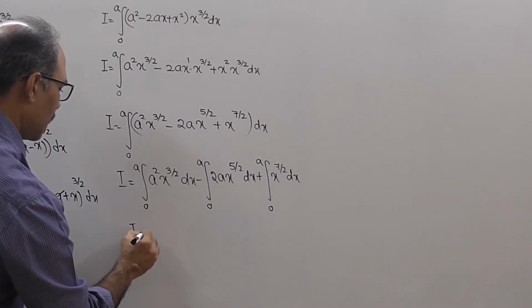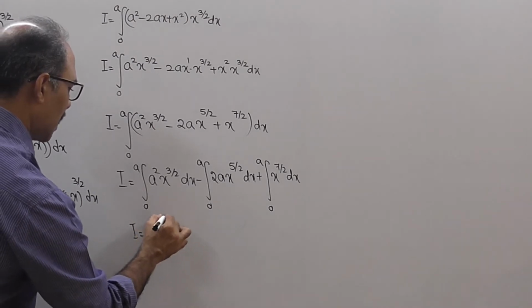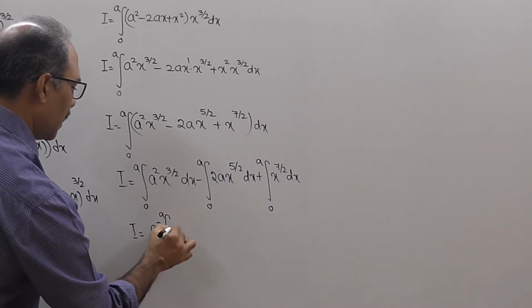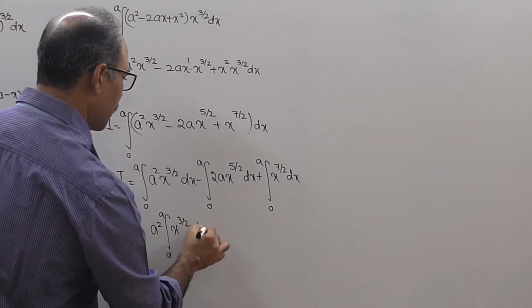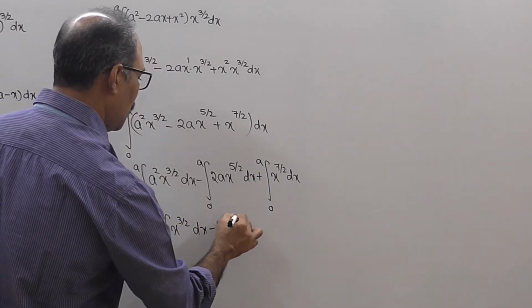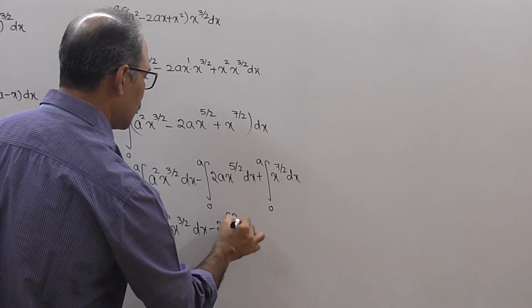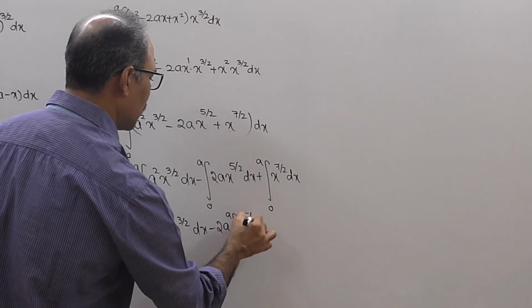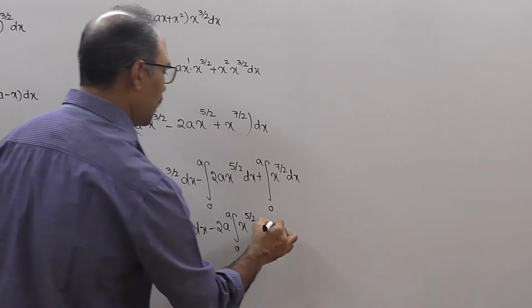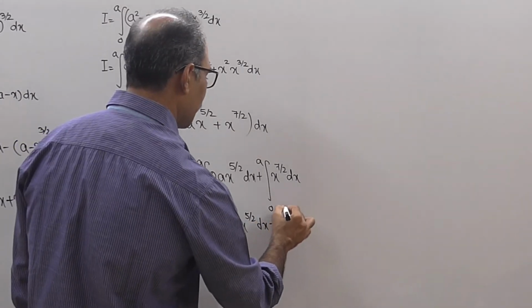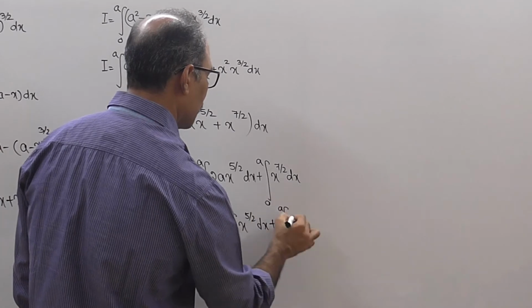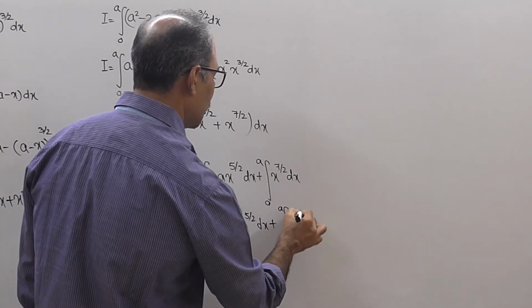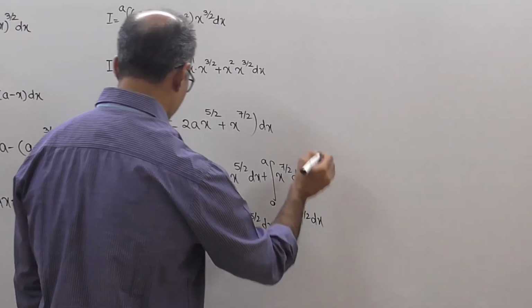So I equal to a square, a constant, out, integration 0 to a of x raised to 3 by 2 dx, 2a out, 0 to a of x raised to 5 by 2 dx, plus integration 0 to a of x raised to 7 upon 2 dx.